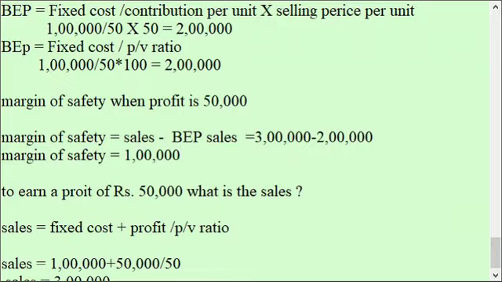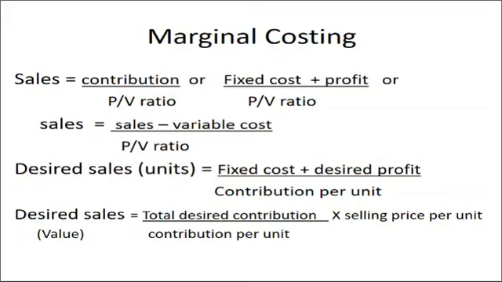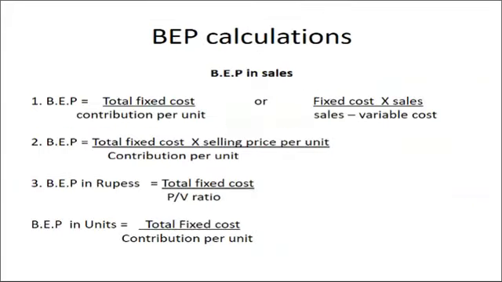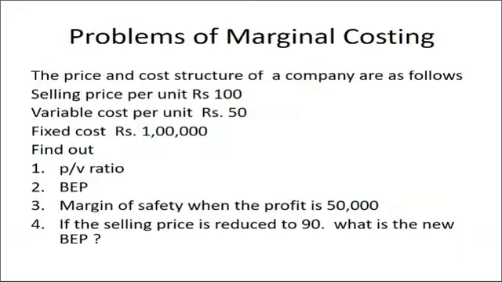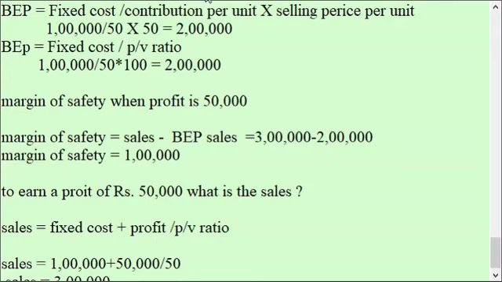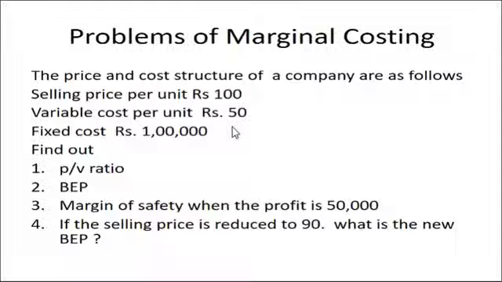Next, come back to the problem. What next are they asking to calculate? Okay. So here in the 2012 problem, we have calculated margin of safety. Next, if the selling price is reduced to 90, what is the new BEP? So the selling price has been reduced from 100 rupees to 90 rupees. What is the new BEP?